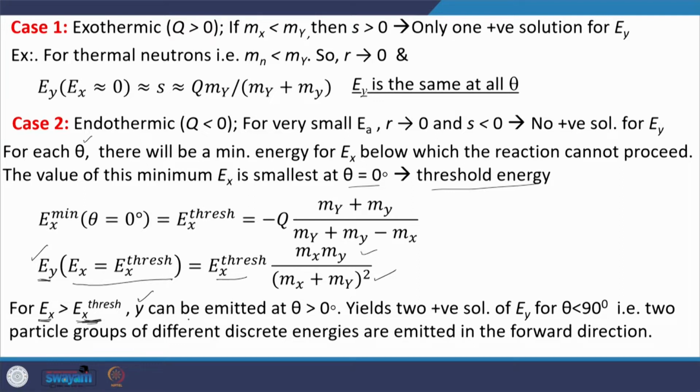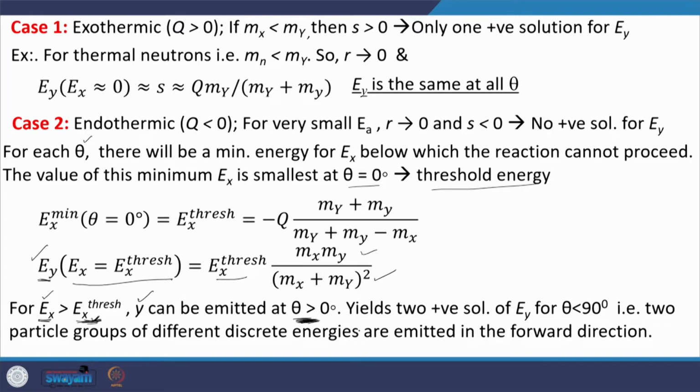Earlier it was only theta equal to 0. Now theta greater than 0 comes into the picture when the projectile energy is greater than the threshold energy. So you need to understand the relation between the threshold energy of the projectile beam, the energy of the projectile beyond the threshold energy, and the value of theta, the angle with which the ejectile is moving forward with respect to the incident beam direction.